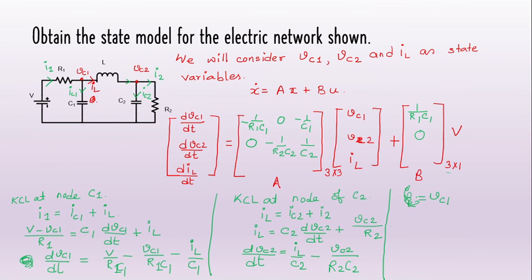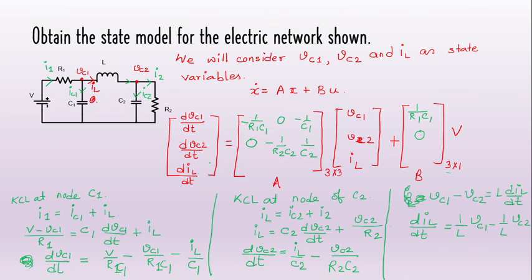VC1 minus VC2 will be equal to L dIL by dt. So if I take dIL by dt on the left hand side, I get VC1 minus VC2 divided by L. This is my third equation.